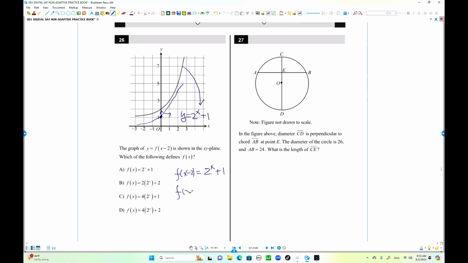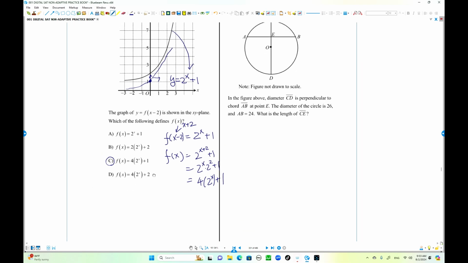So what is the f of x? Replace with x plus 2, right? X plus 2 minus 2 is the f of x. So this is 2 to the x plus 2, plus 1. But this is 2 to the x times 2 squared plus 1. That is what? 4 times 2 to the x plus 1, okay? All right. Choice C is the answer.